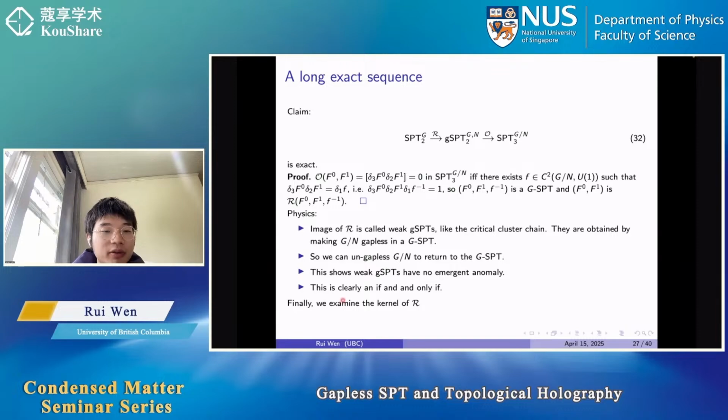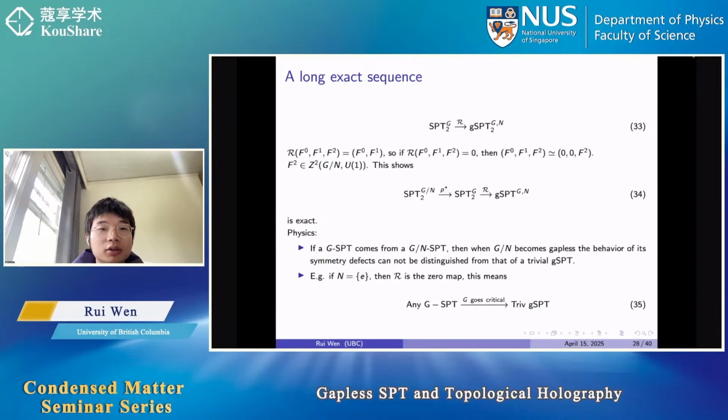Finally, we can examine the kernel of R. If something is in the kernel of R, an SPT which again I write as a triple F0, F1, F2, and R basically just ignores the last term.